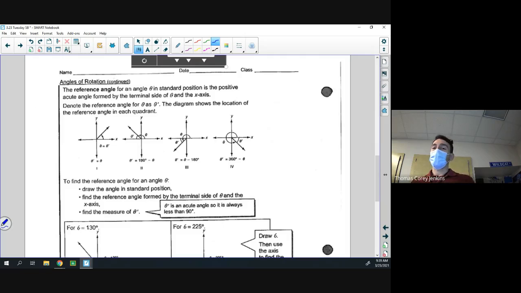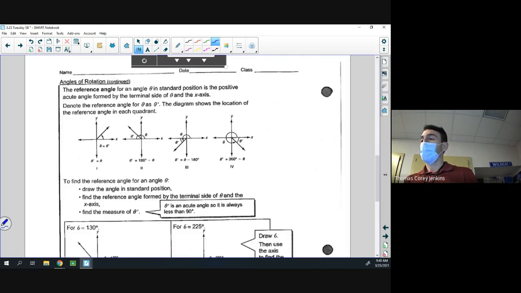So just on a definitional level, a reference angle basically takes our angle and it's the rest of the way to the x-axis. And it's always going to be an acute angle, so less than 90, and it's always going to be positive.